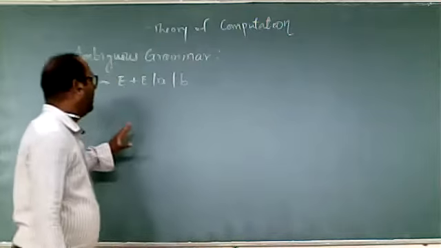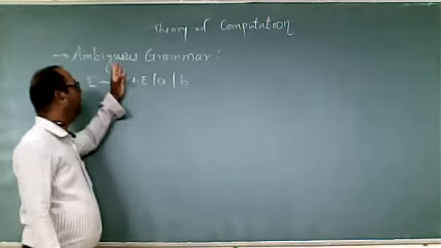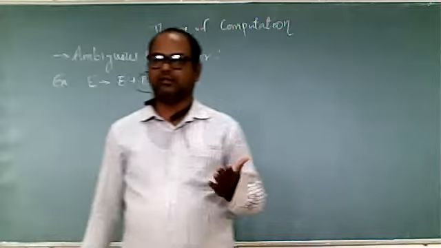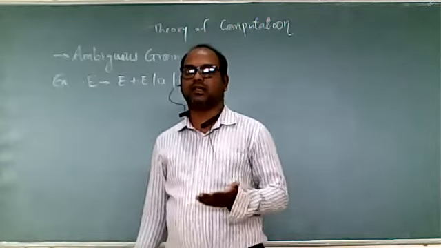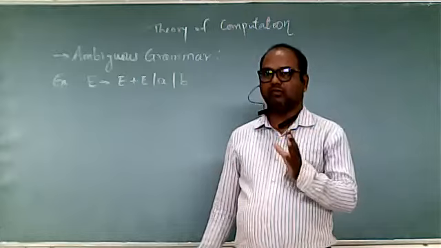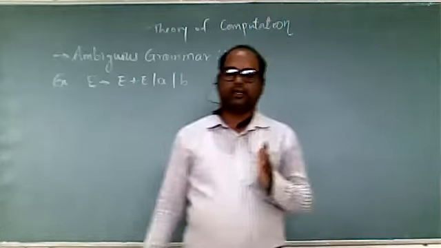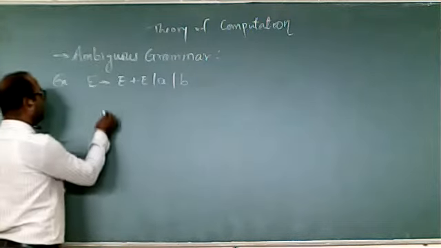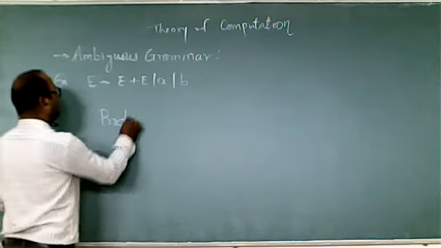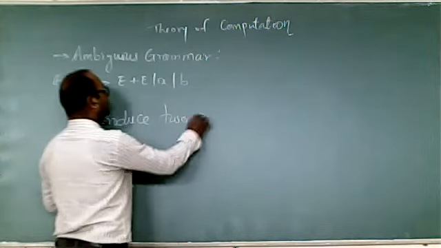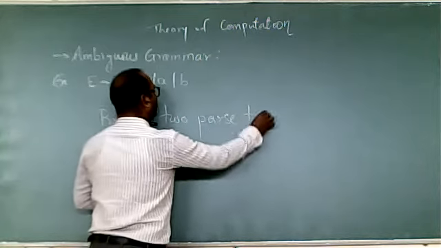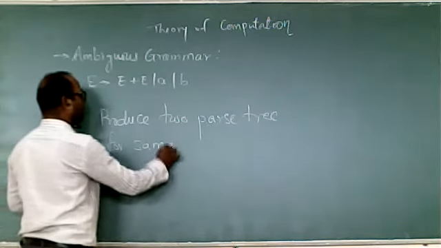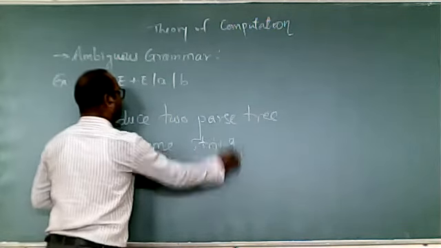Now, what do you mean by ambiguous grammar? The grammar means the productions, the VTPS: variables, terminals, productions and starting symbol. So if the grammar provided produces two parse trees or two derivation trees for the same string, that is ambiguity.